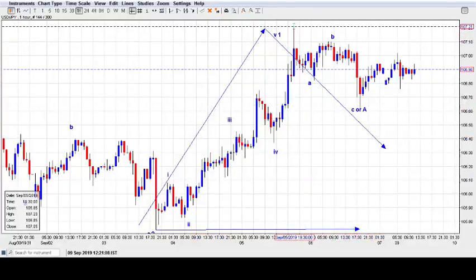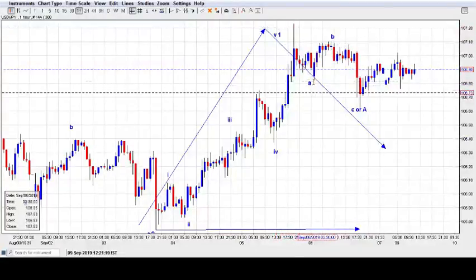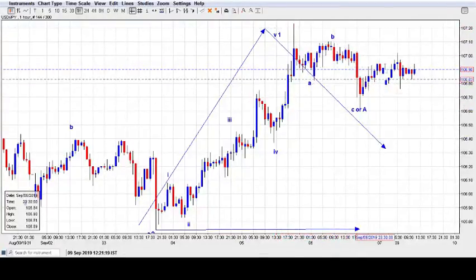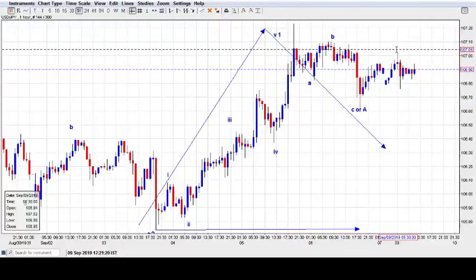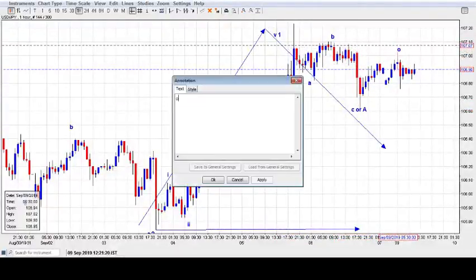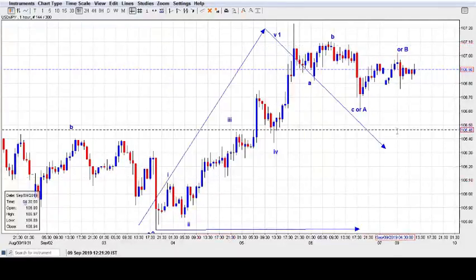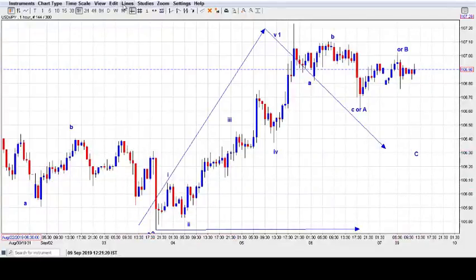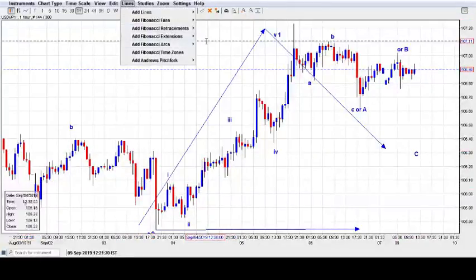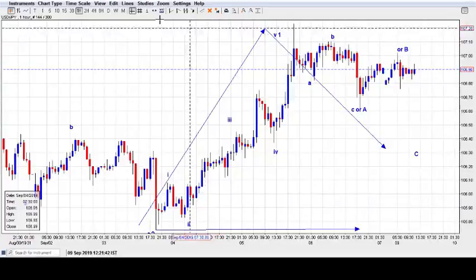You see, a corrective flat would ideally be 3, 3 and 5. So it's the first 3, maybe we got a second 3 here. So let's plot our B potential there, and if that's the structure, we should see a wave C terminating lower across 106.30 levels. We pull out the retracements now.